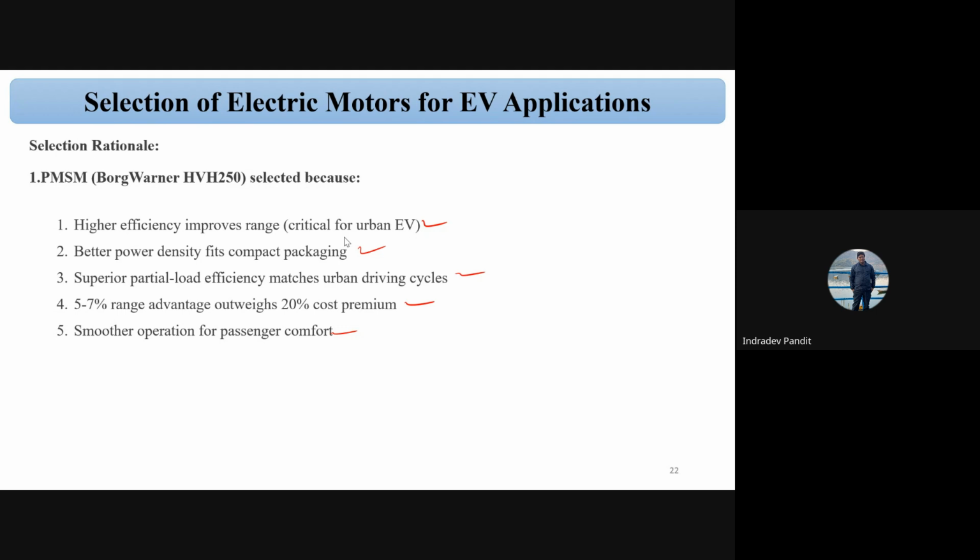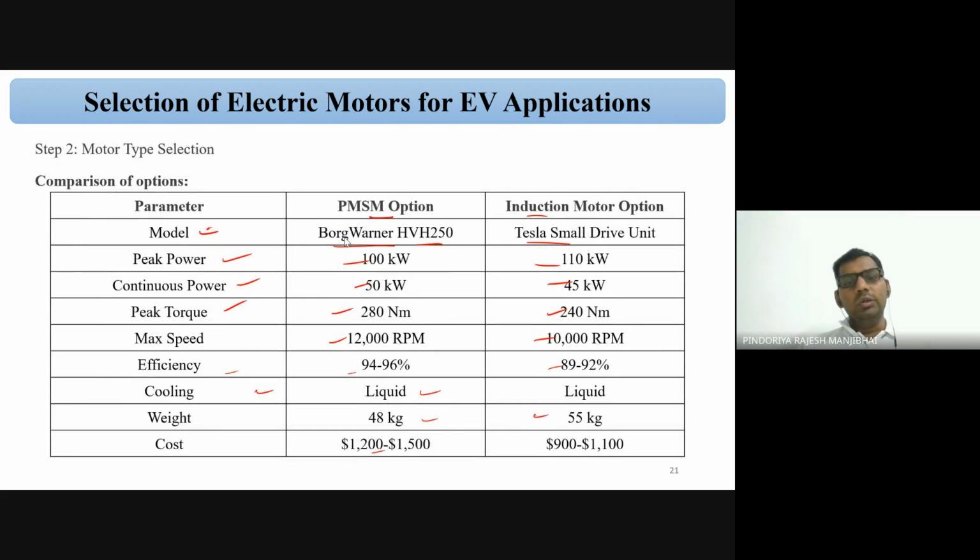The first selection is based on efficiency and other parameters, but cost is not considered. No, because you can see here the cost is 1200 to 1500 US dollars for the PMSM. For the induction motor, it is 900 to 1100.